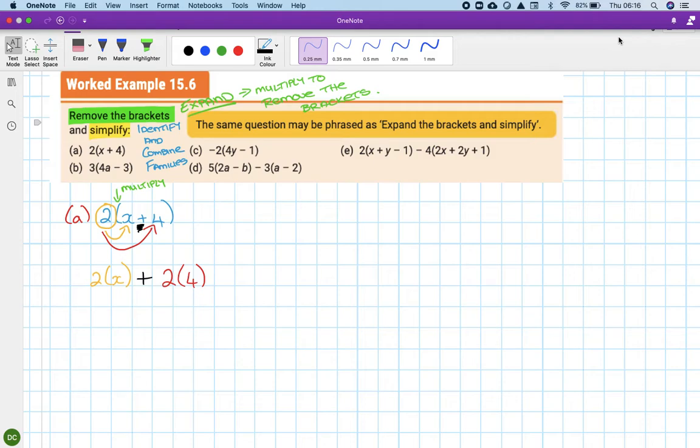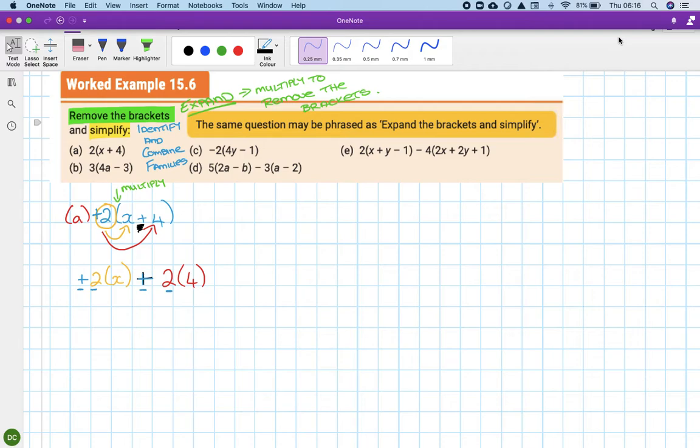Okay, so a couple of things. The 2 out in front here doesn't have a sign, so that means it's a plus. So you need to make sure that in both cases down here we're dealing with a plus 2, which we are. Okay, so then you have two separate sums to do, essentially.